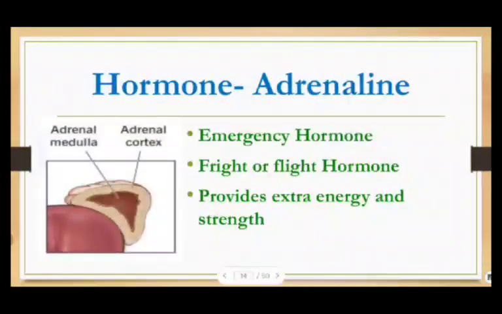Now, children, the adrenal gland secretes the hormone adrenaline. As we know from the previous page, the inner portion is called the adrenal medulla, and the outer covering is known as the adrenal cortex. Adrenaline is also known as the emergency hormone, or the fight or flight hormone.